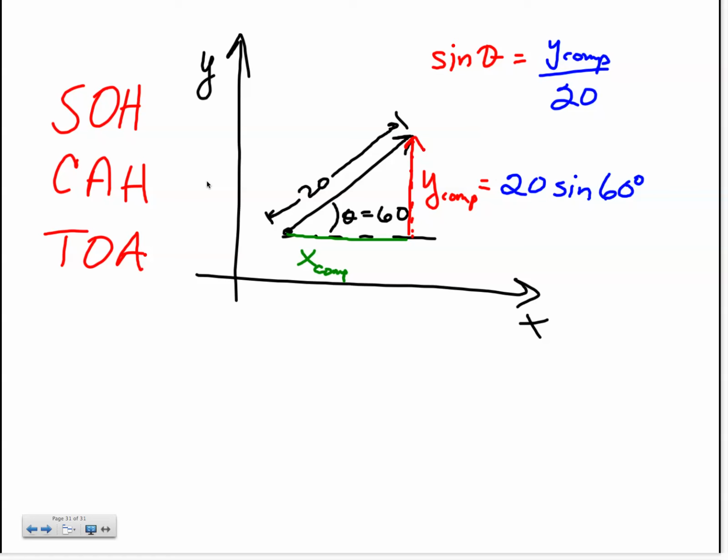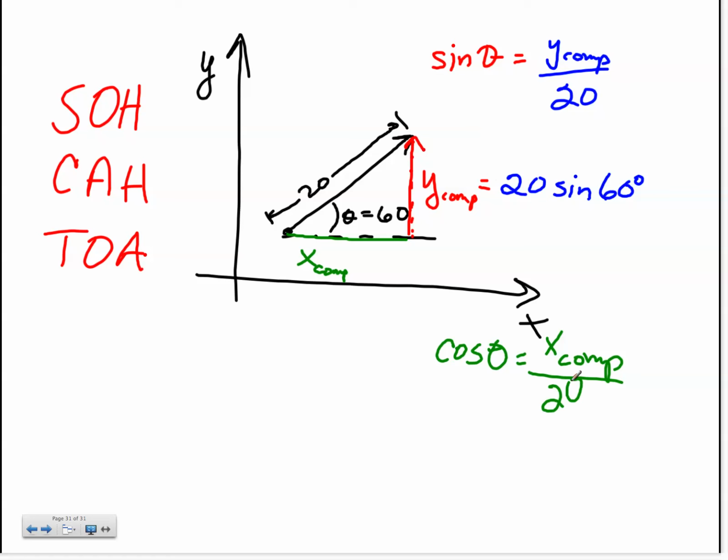Okay. And our x comp is going to be cosine of theta equals the adjacent side, which is our x comp, divided by our hypotenuse, which is 20. Cool beans?